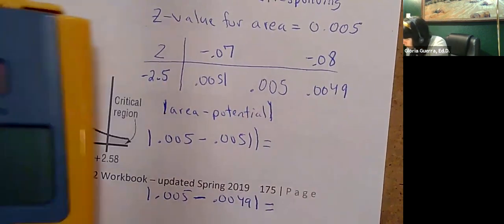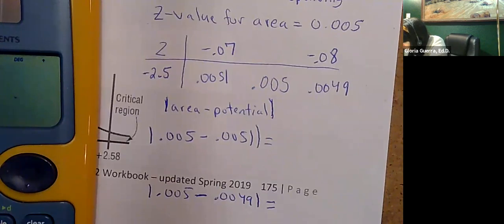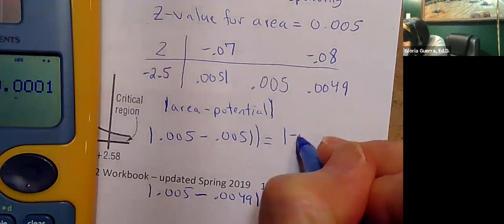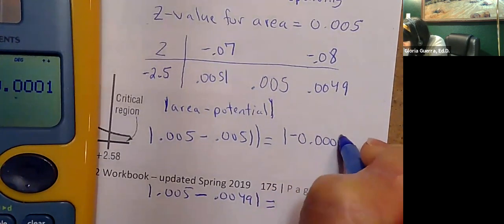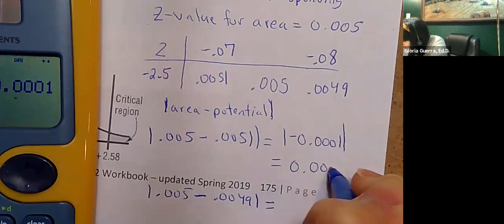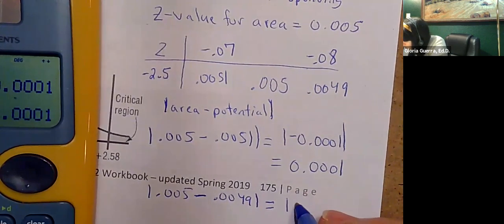Okay, so when I do that on my calculator, 0.005 minus 0.0051, that's the absolute value of negative 0.0001, which is just 0.0001. 0.005 minus 0.0049 is 0.0001.